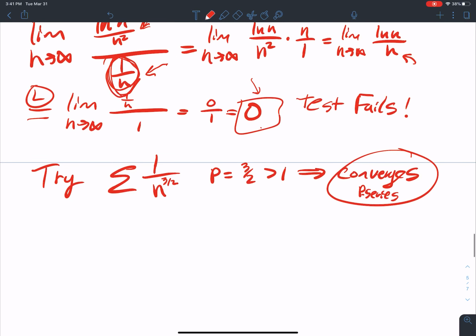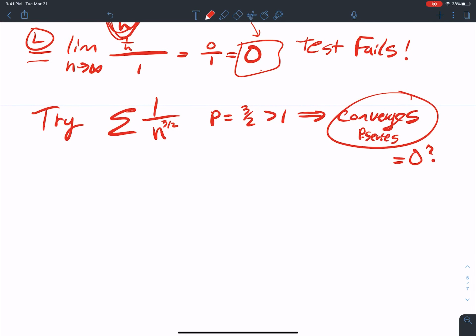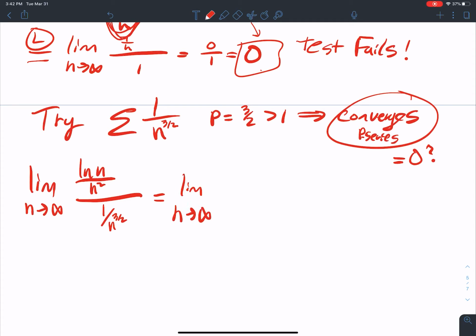So we're trying to see, does the limit equal 0? So let's try it. So limit as n goes to infinity of ln n over n squared divided by 1 over n to the 3 halves. Simplify here, keep change flip. We get ln n over, looks like it's going to be the square root of n.